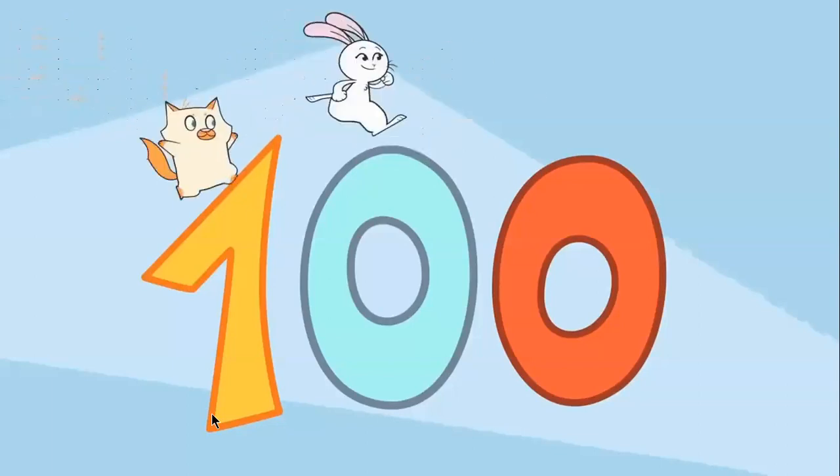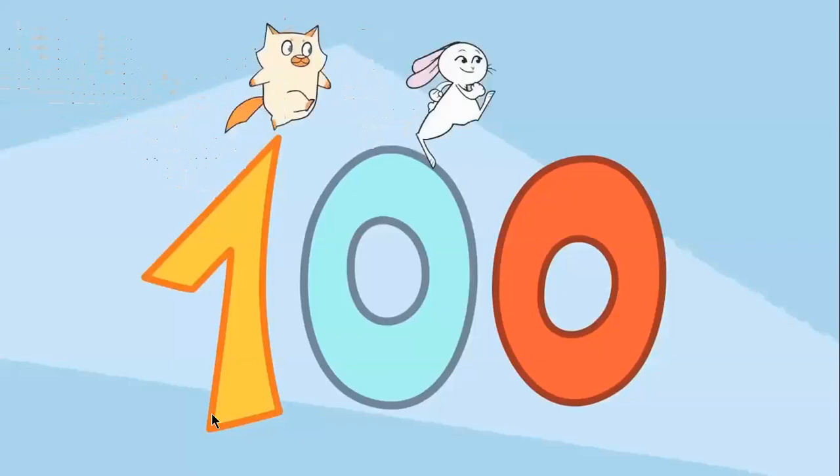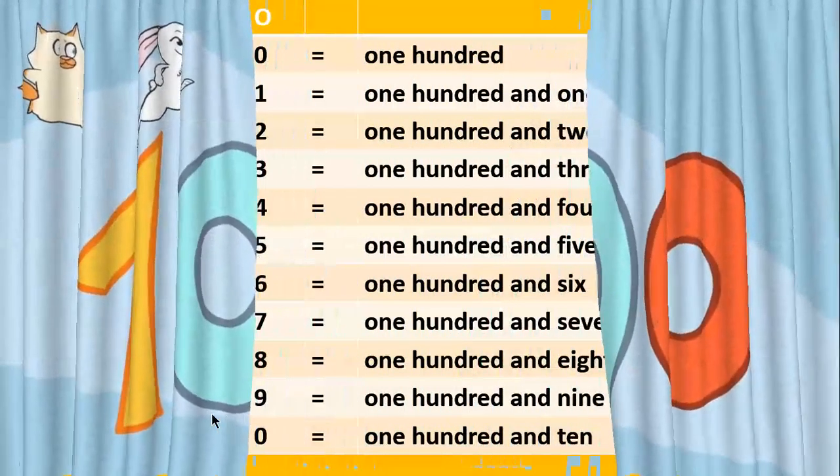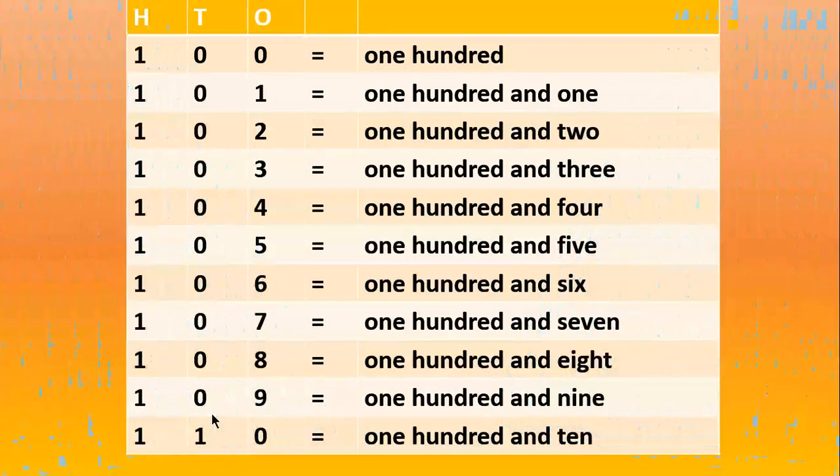So now we are going to learn about three-digit numbers. One zero zero is 100. We are going to write it with 0 under ones, another 0 under tens, and 1 under hundreds. Because it is a three-digit number, we have introduced ones, tens, and hundreds.